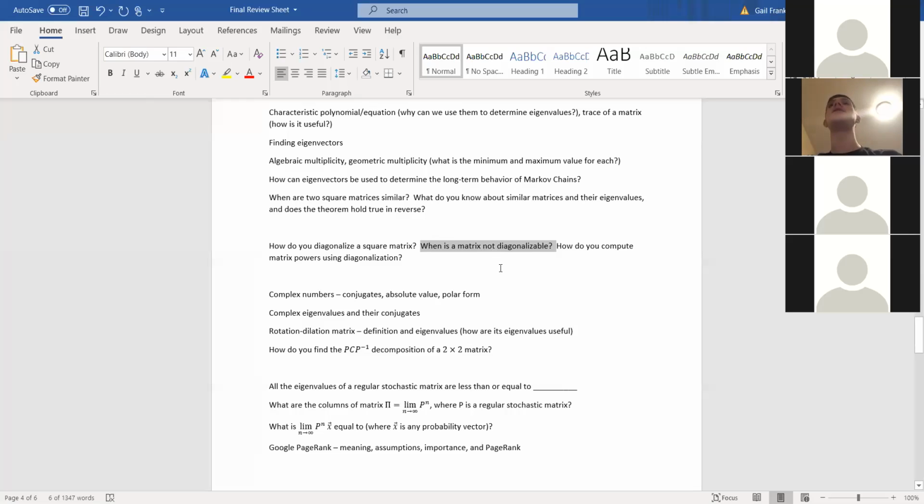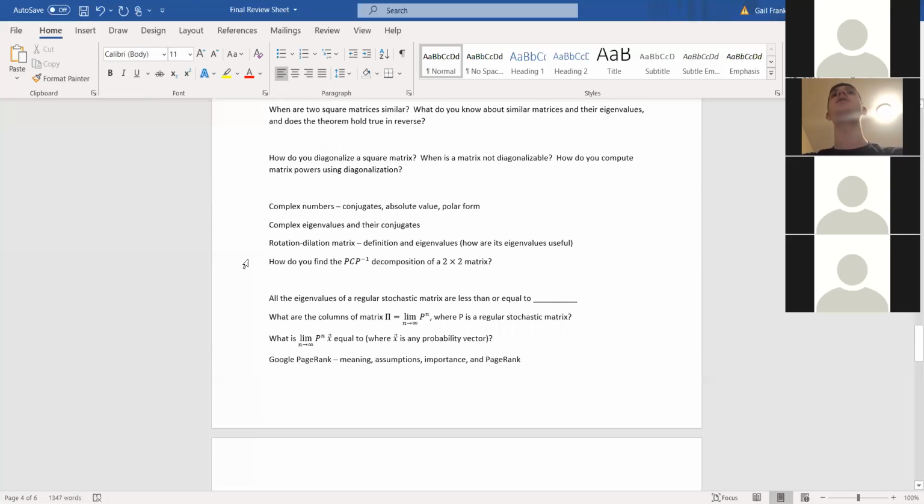Otherwise, you can't make your P matrix, because your P is those eigenvectors, and the entries on the diagonal of D are your eigenvalues. The P D P negative 1 decomposition is really useful because you can easily compute matrix powers with it.